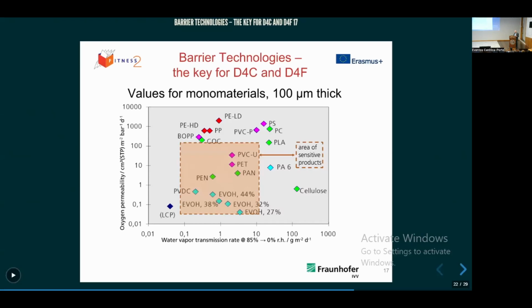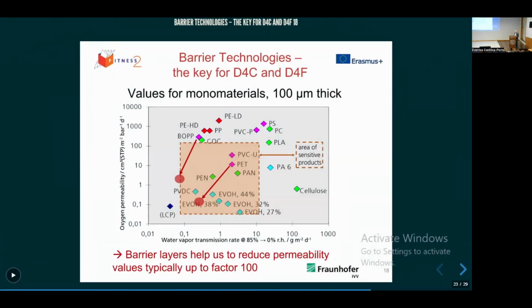So if we apply this principle of functional barrier with the help of those inorganic barrier layers and the structures I showed you before, we can achieve an improvement by up to a factor of 100, which helps us in achieving those target figures for the product functionality, and at the same time can help us to reduce the material thickness.